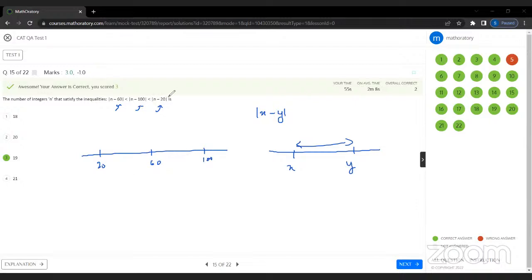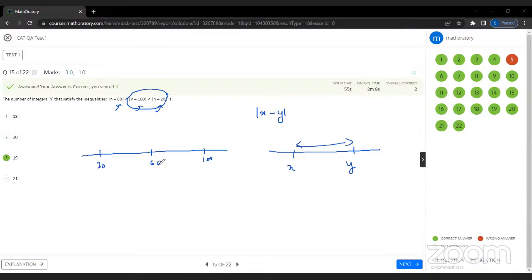So what are the conditions? First I looked at this condition: the distance of n from 100 should be less than the distance of n from 20. If I look at 20 and 100, the average is 60.